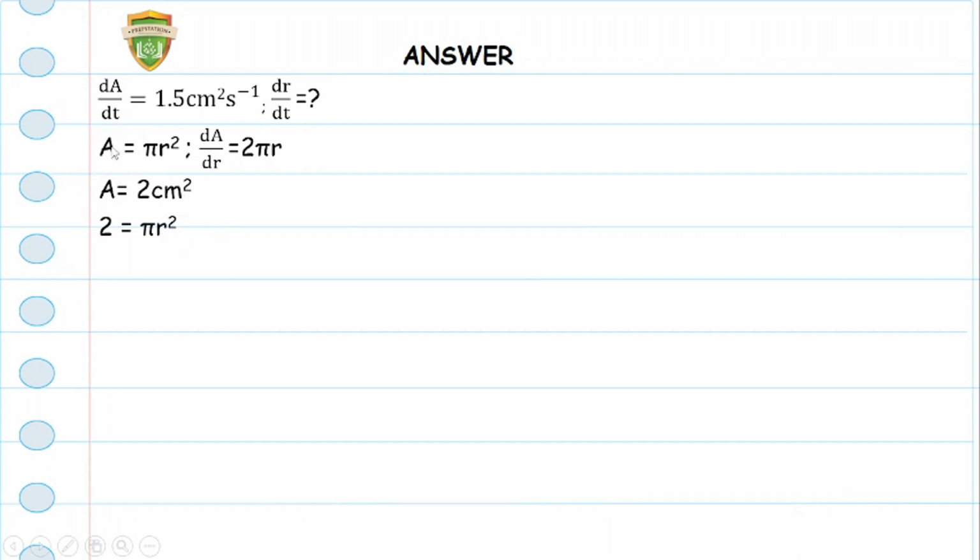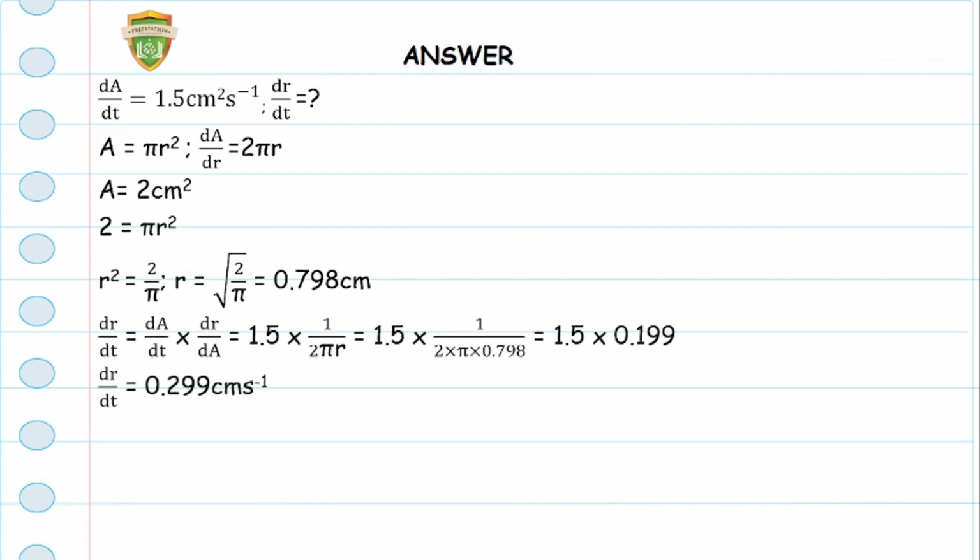So we replace A with 2, and that becomes 2 equals pi r squared. And that means that the radius in this case will be 0.798. We take this pi down and then we find the square root. And when we do that, we get 0.798. So that is our radius of the new circle when the area is 2 centimeters squared.